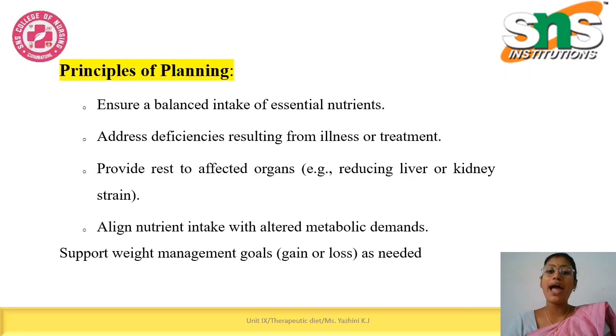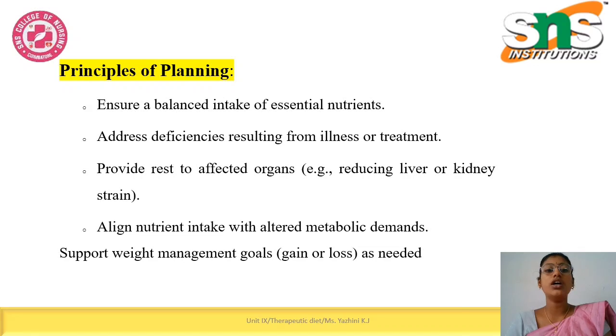Principles of planning. When planning a therapeutic diet, we follow some key principles to make it effective. Ensure a balanced intake of essential nutrition to support overall health. Address nutritional deficiency caused by illness or treatments like chemotherapy. Provide rest to affected organs, for example reducing strain on the liver or kidneys.